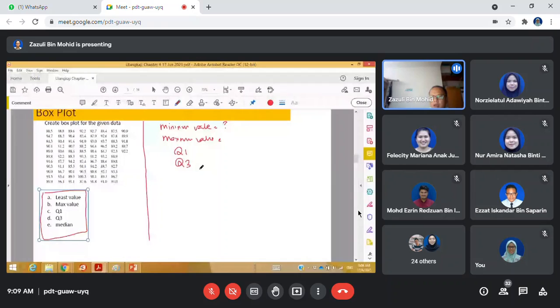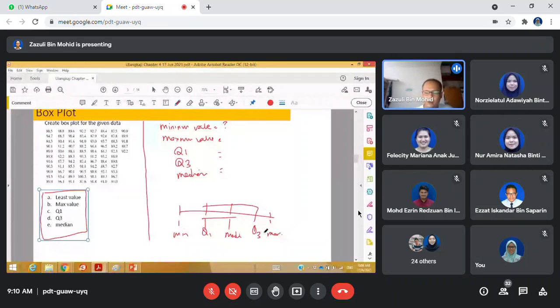Get the values first. When you have the values, then you can draw the box plot. That is how we draw or answer the box plot.